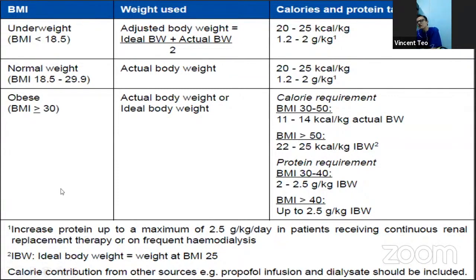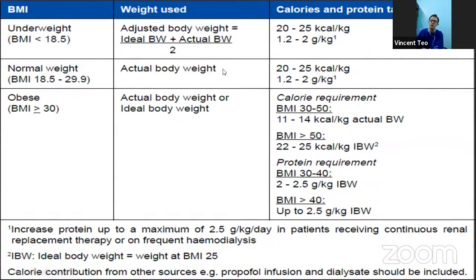The greater concern is generally those who are obese in our setting. For this group of patients, again, my emphasis is on not to overfeed the patient. So it's very important to calculate the right weight for them, depending on which BMI they fall into. This is by ICU protocol.